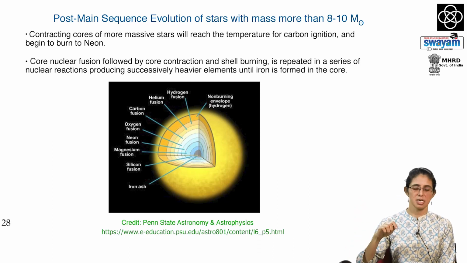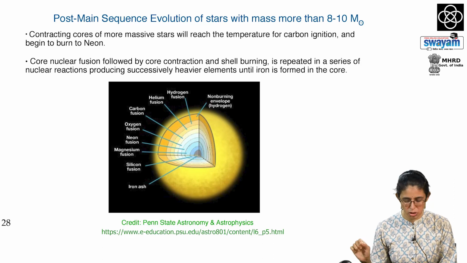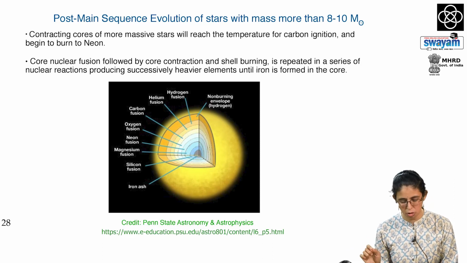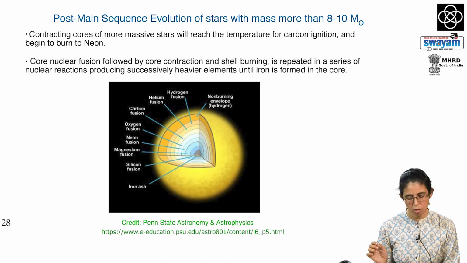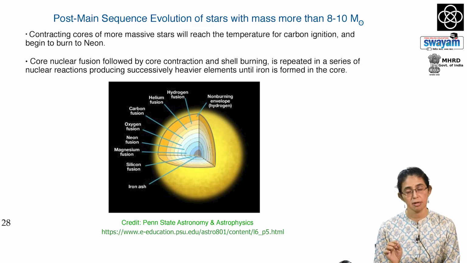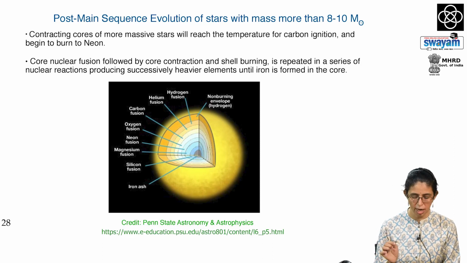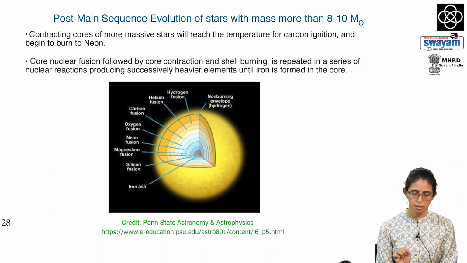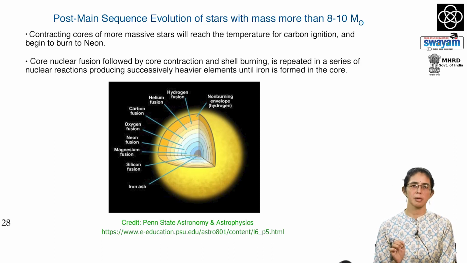For instance, if one sees the figure, the outermost shell close to the outer envelope would be fusing hydrogen, then you would have a helium inert shell, then a shell where helium is fusing, a shell where carbon is fusing, a shell where oxygen is fusing. This is all dictated by the temperature gradient and the mass and other conditions.